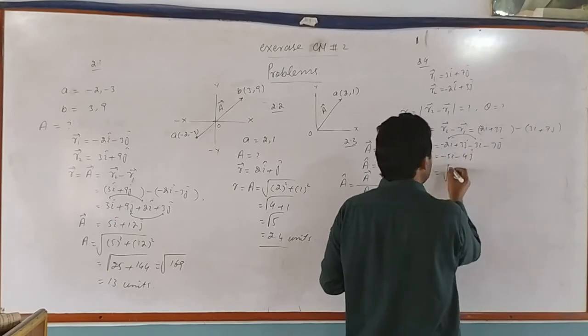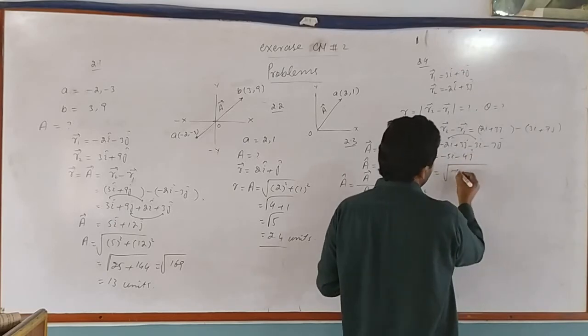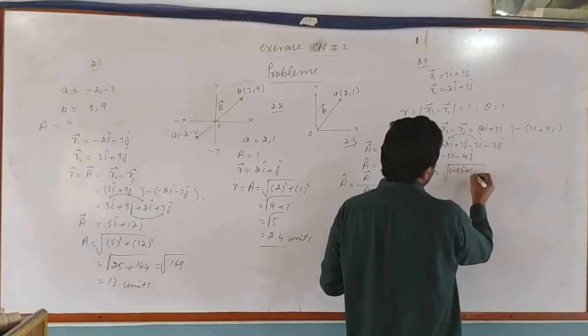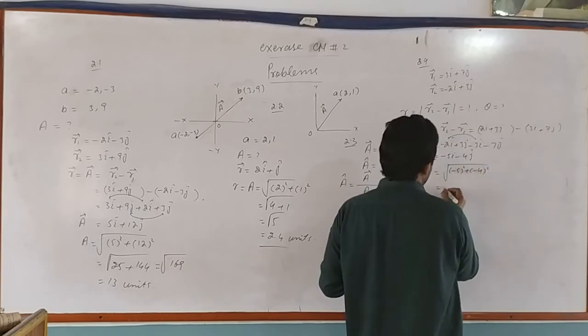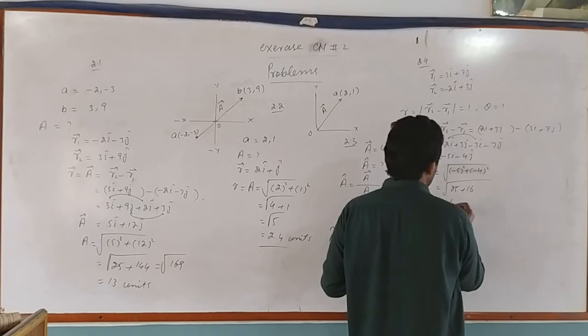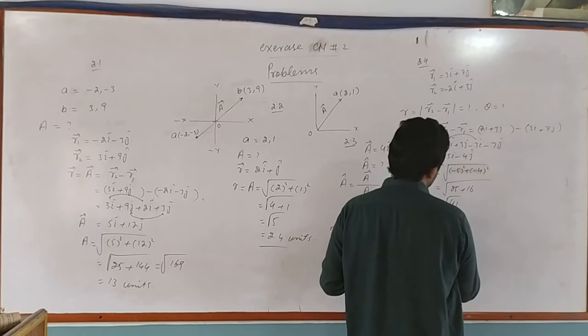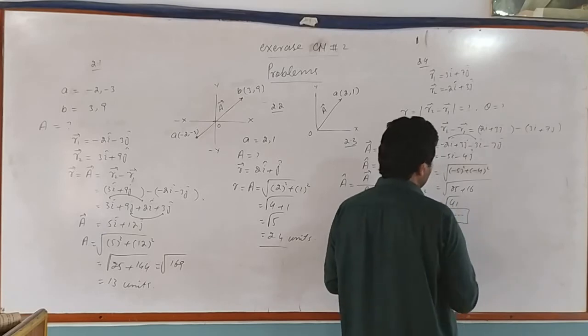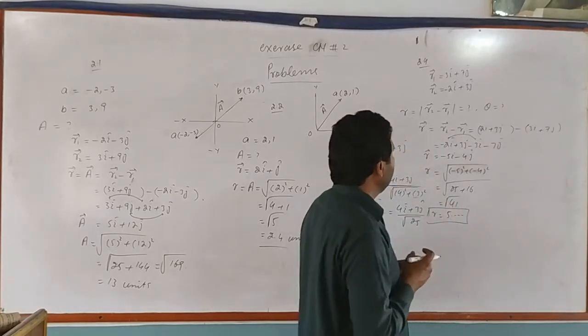The magnitude of this position vector will be under root of minus 5 square plus minus 4 square, is equal to 25 plus 16, is equal to 41 under root, which is 6.4 approximately.